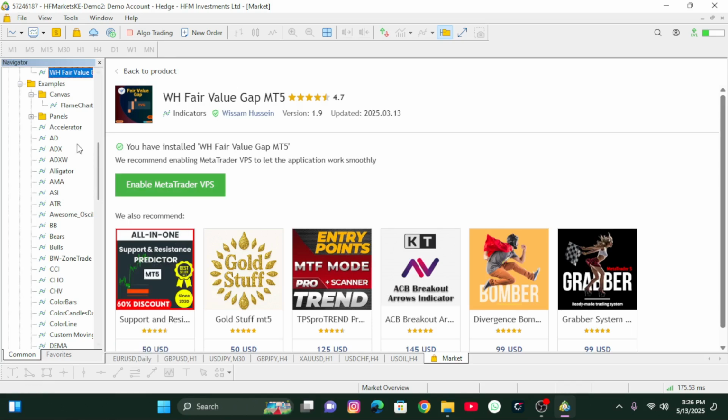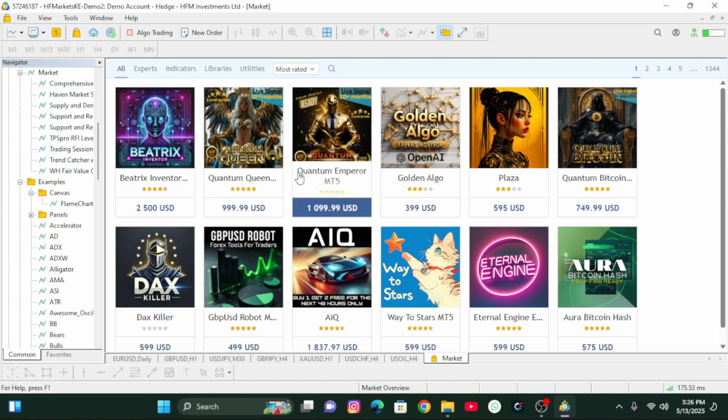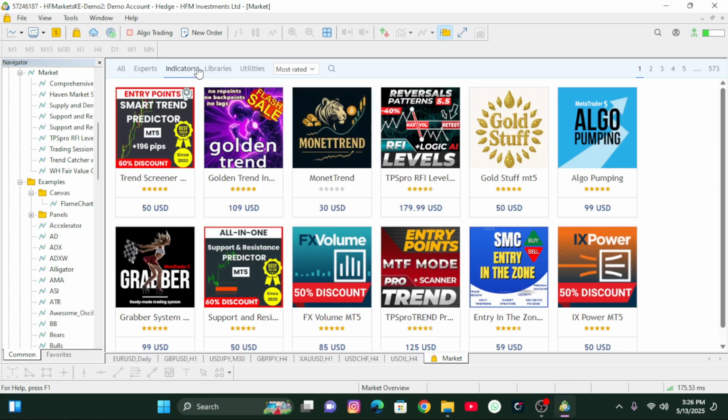If you want to access it, you can go to the navigator. Here it is. So that's how you can download an indicator for free from the MQL5.